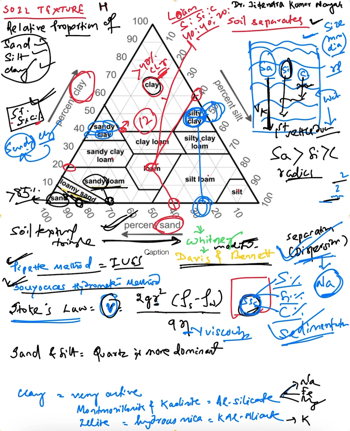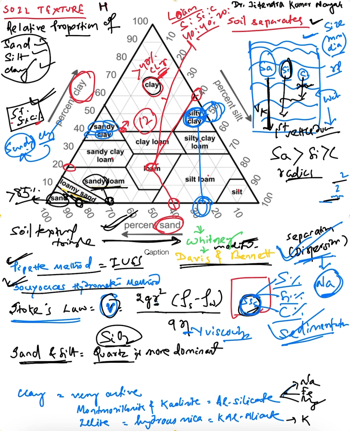Basically, the sand and silt soil separates are both quartz dominant. Quartz means silicon dioxide, that is SiO2 rich compounds, that is sand and silt.